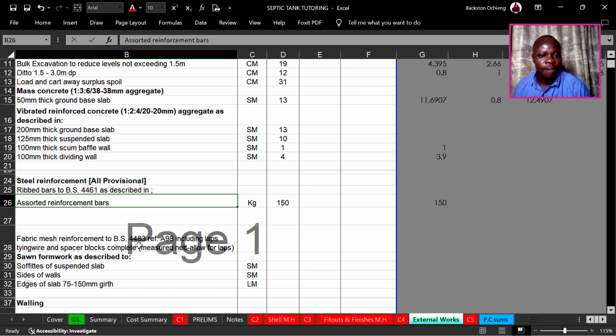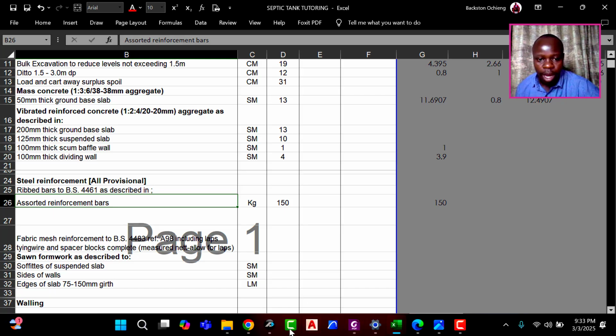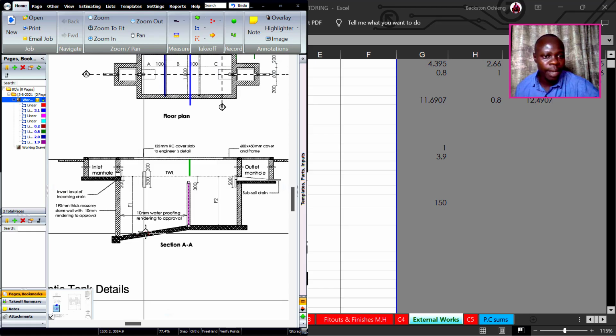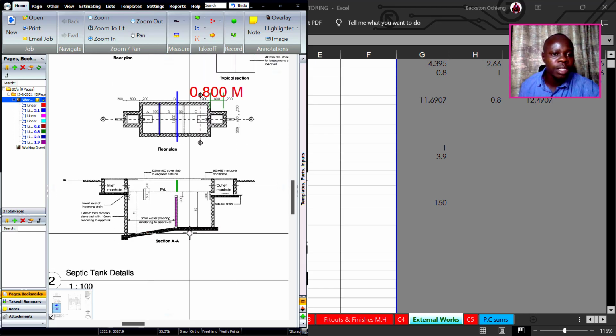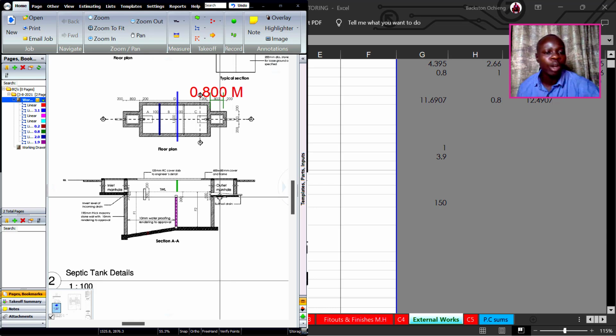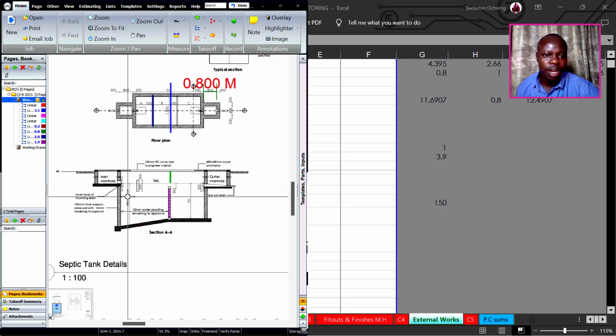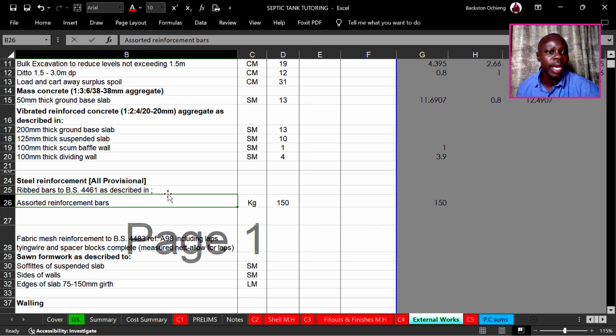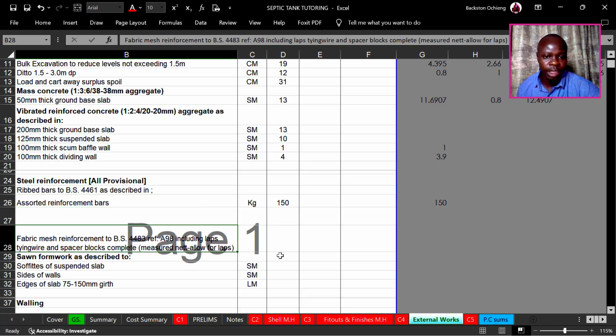But now for the ones that we have as the base slab, for both the main section and the manhole sections, we are going to use fabric mesh reinforcement bars, okay? So that is equivalent to the areas that we've already calculated.